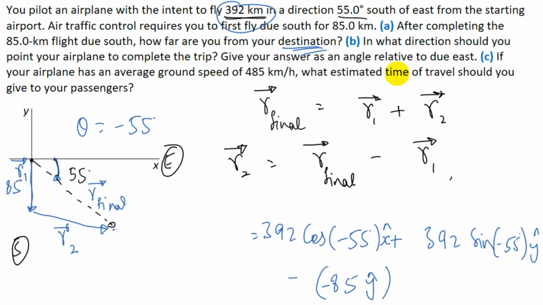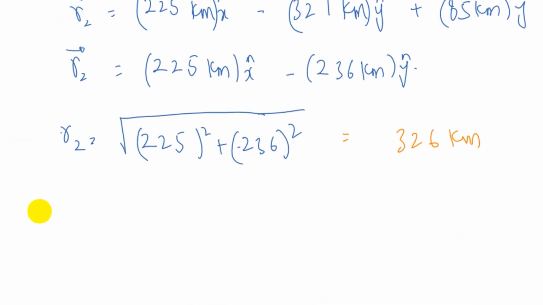Now next, in the B part, we need to find in what direction should you point your plane to complete the trip. So basically we have to find the theta. Theta, we know it's pretty simple. Theta is tangent inverse of the y component over the x component.